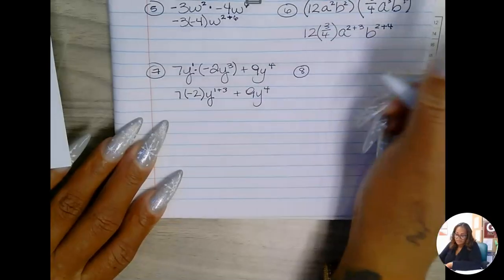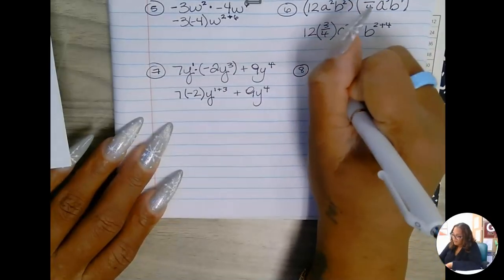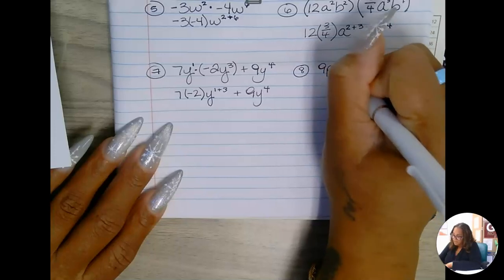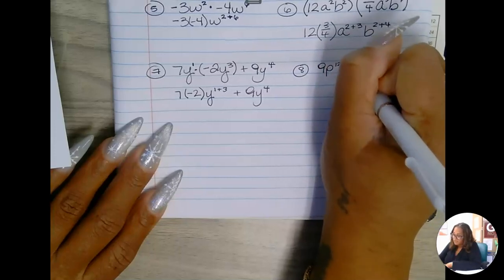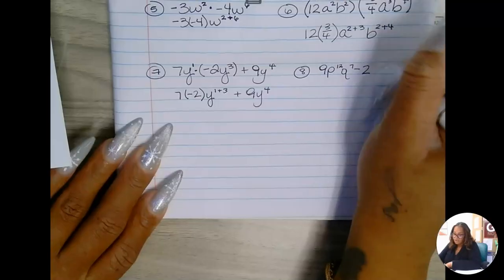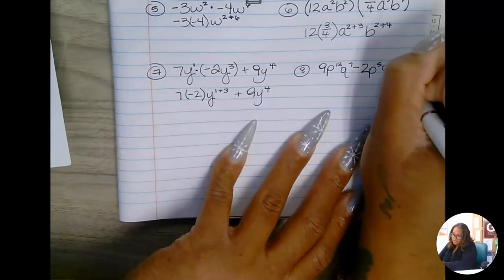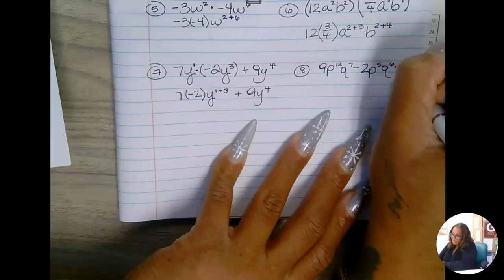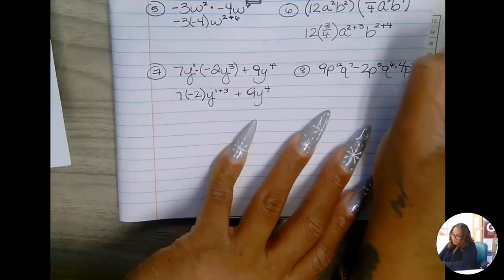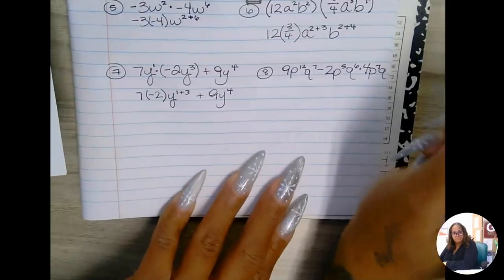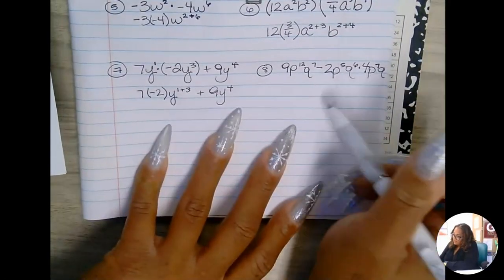Number 8, I've got 9p to the 12th power, q to the 7th, minus 2p to the 5th power, q to the 6th, times 4p to the 7th q. Good Lord. All right.